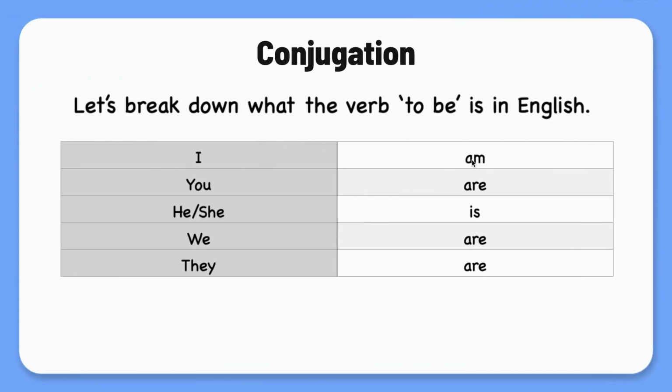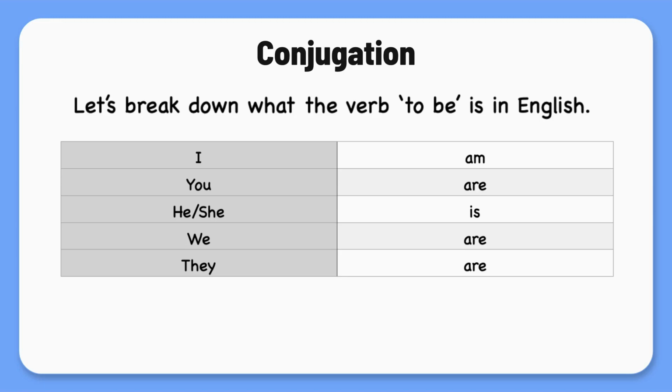I walk, you walk, they walk. If you notice, the verb has not really changed, right? However, am looks nothing like be. Is looks nothing like be. That's because it is an irregular verb. It doesn't follow the rules, basically.